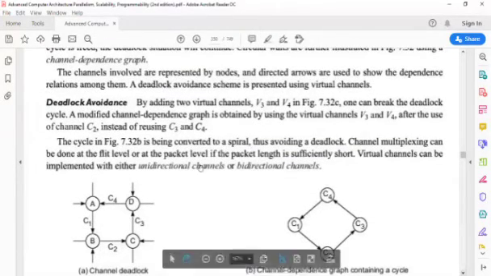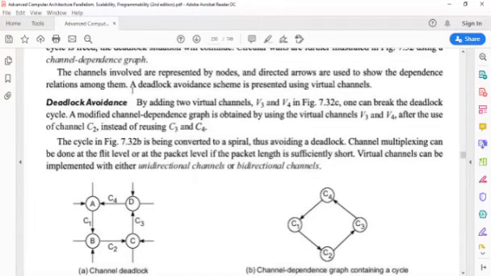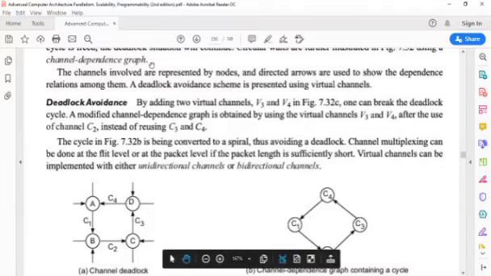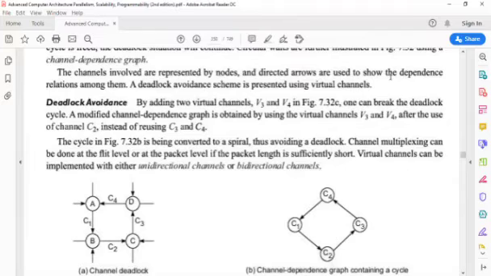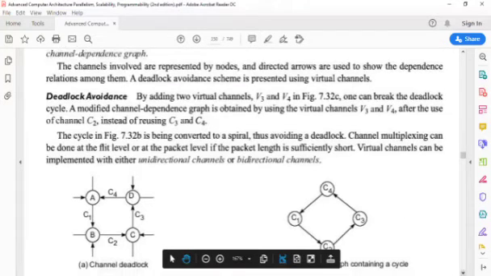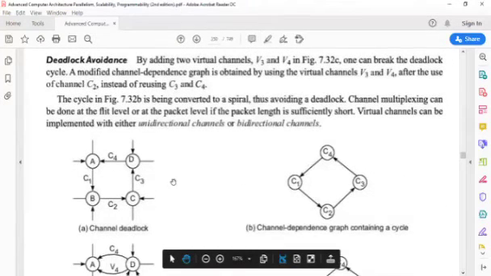We can also represent this deadlock situation in a channel dependence graph. In this graph, channels are represented by nodes and the arrows represent the dependence from one node to another. Here they give an example of a deadlocked channel set: channels A, B, C, D, C1, C2, C3, C4, and all the channels are engaged.